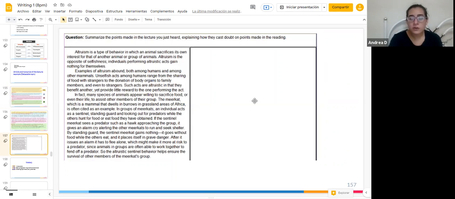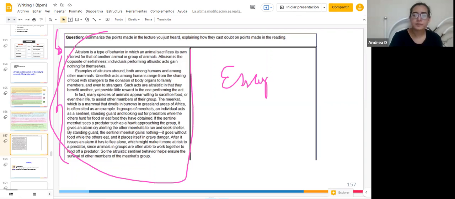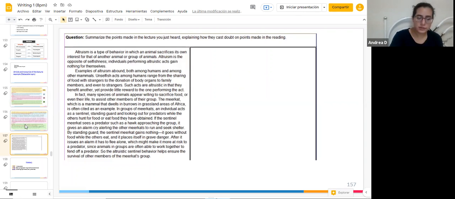It's actually going to be on your screen all along. This is how your screen will look. On the left, you will have the reading, and on the right, you're going to write your essay. So here's where you need to write your essay. That means you don't have to memorize it or take notes or anything, because you will have access to it all along. All right, so just try to understand, I would say.